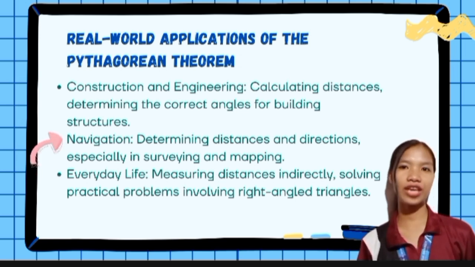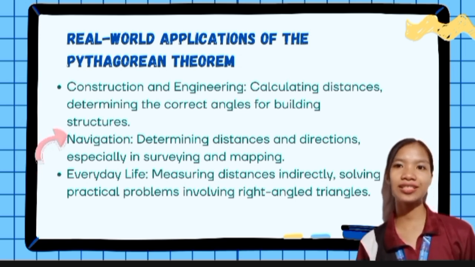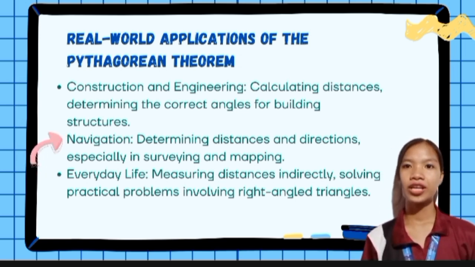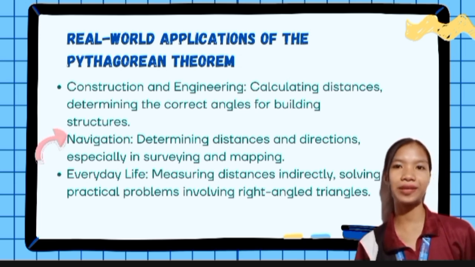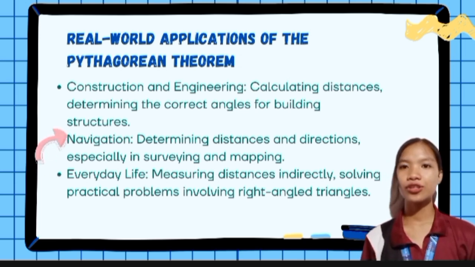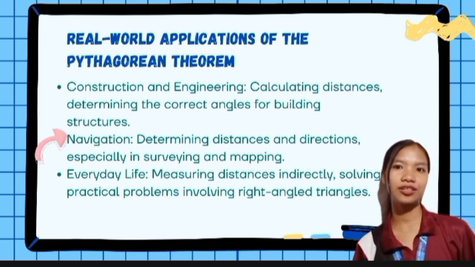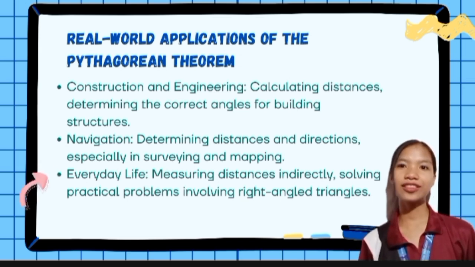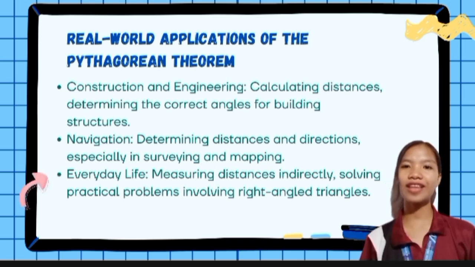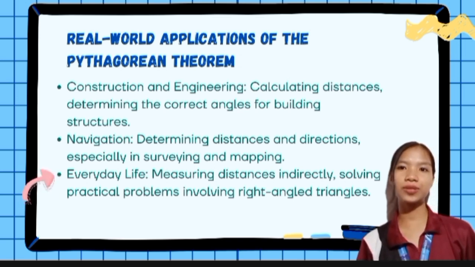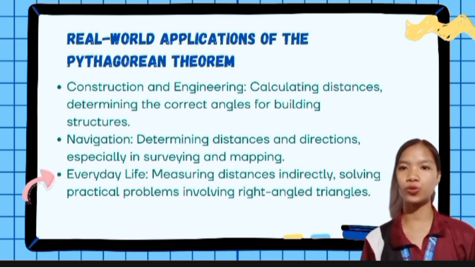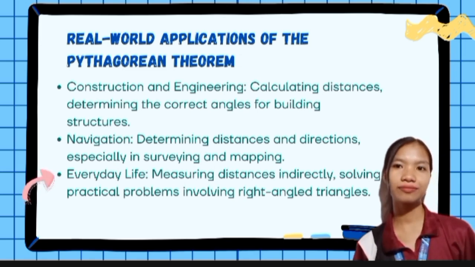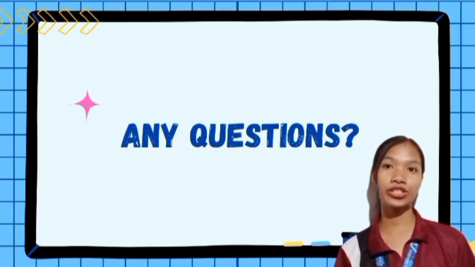Second, navigation, determining distances and directions, especially in surveying and mapping, like sailors or geodetic engineers, and even everyday life like measuring distances indirectly. Practical problems involving right-angled triangles can be solved using this powerful theorem. It's everywhere. Do you have any questions?